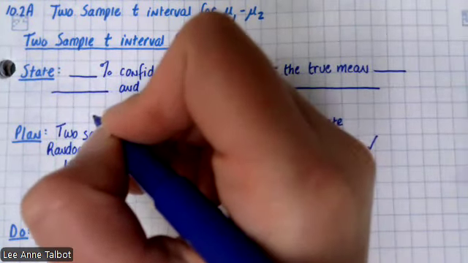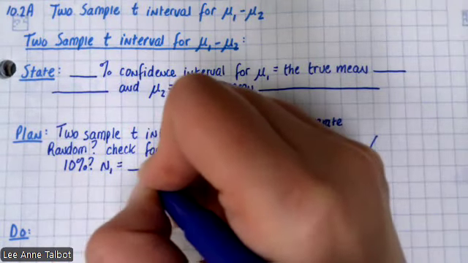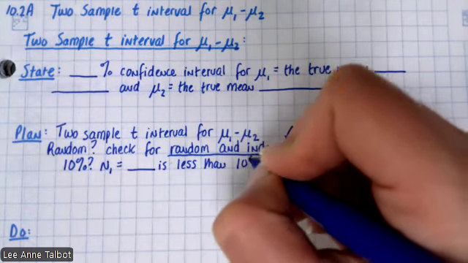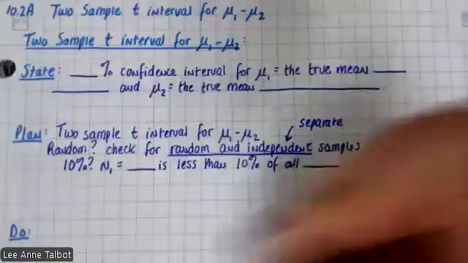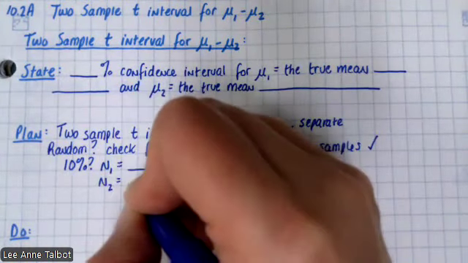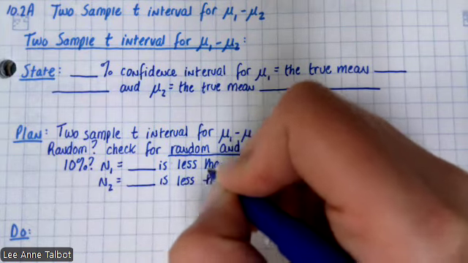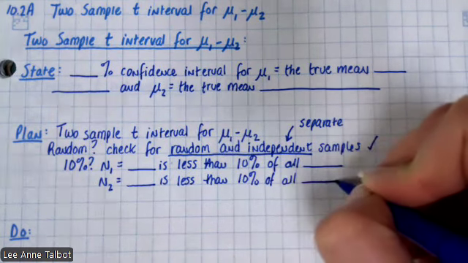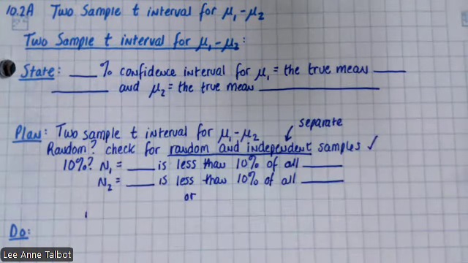10% and 1. And 2. Or. I don't have enough room for the or in its own line.